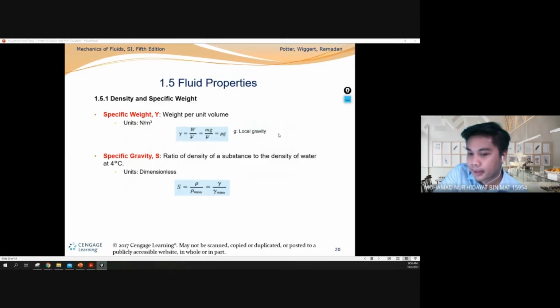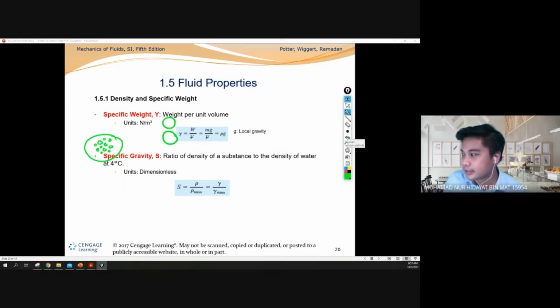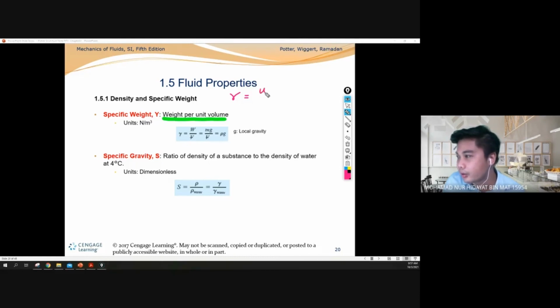Okay, this is the specific weight. What is specific weight? Specific weight is the weight per unit volume. So how to define it as an equation? The specific weight symbol is this one, gamma.